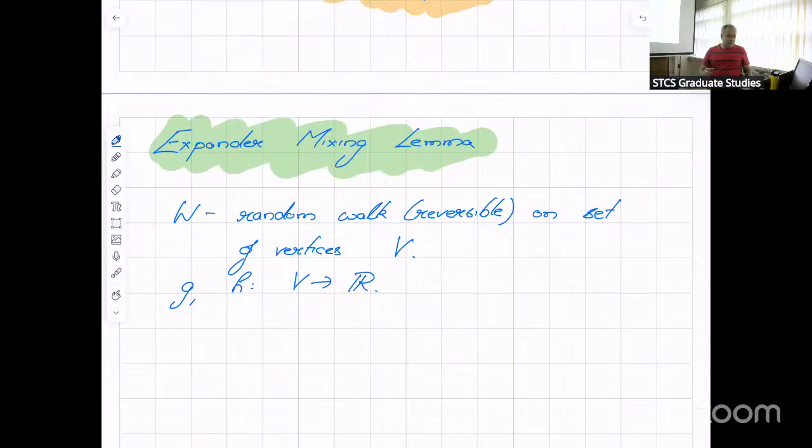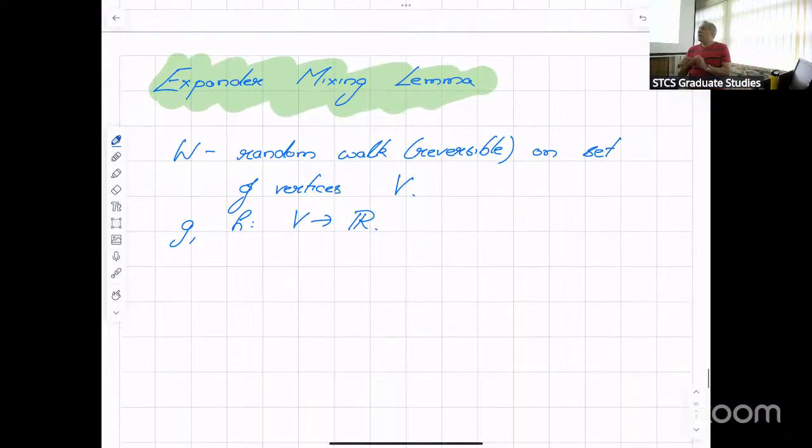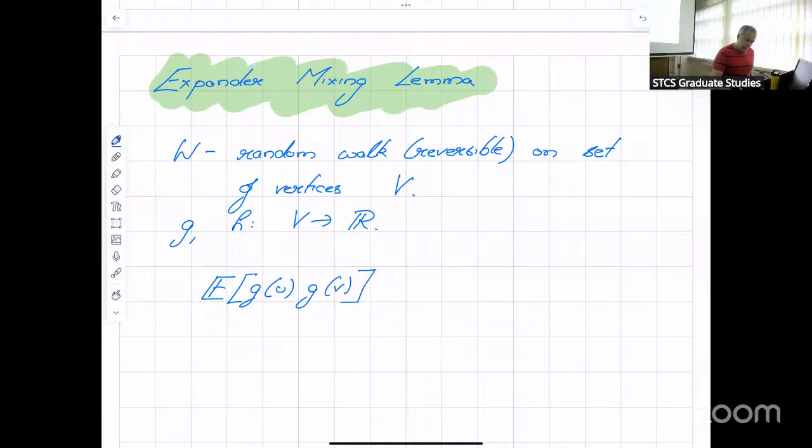What is the expander mixing lemma going to consider? We are going to compare and contrast two quantities. We are going to look at the expected value of g(u) h(v), and also another one which is an expectation.